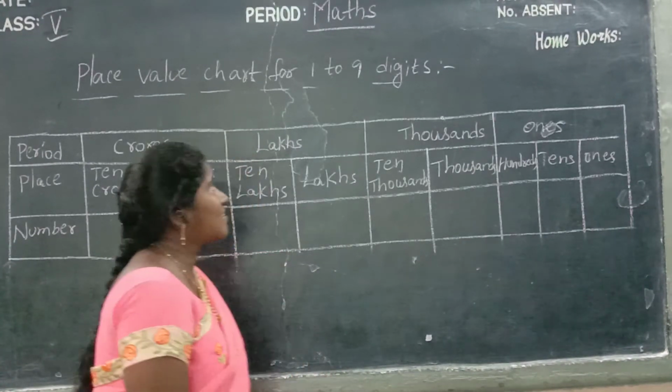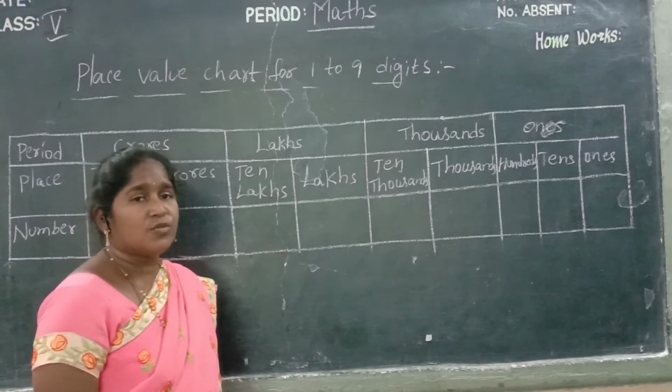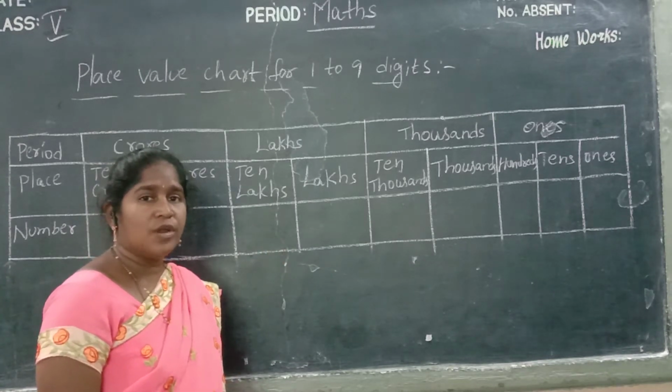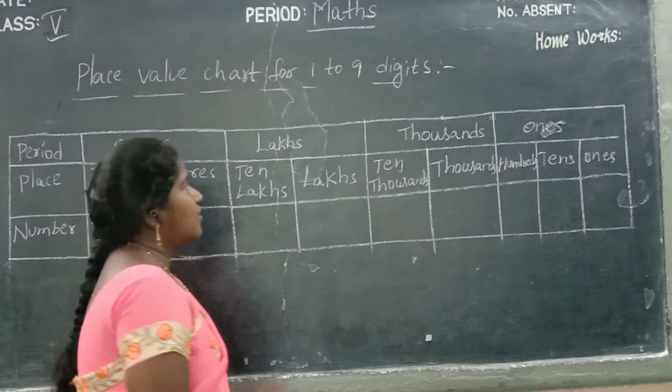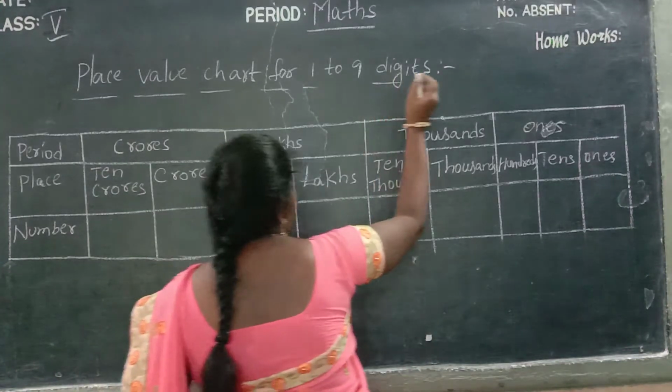Okay, children. Today's maths class. In yesterday's class we learned about what is the place value and what is the face value. First we want to learn about what is the place value.